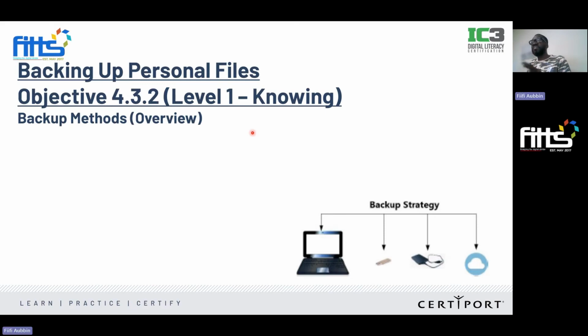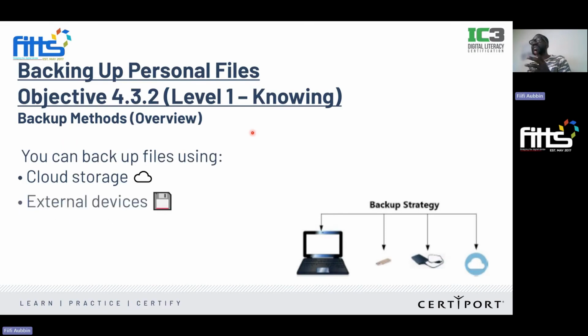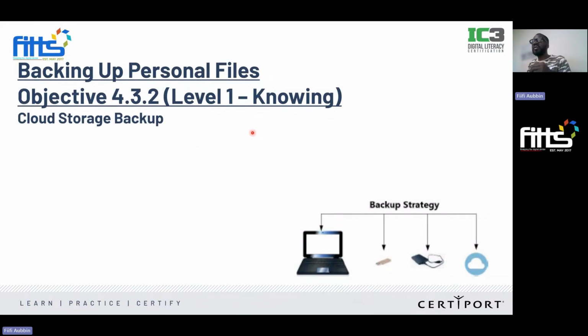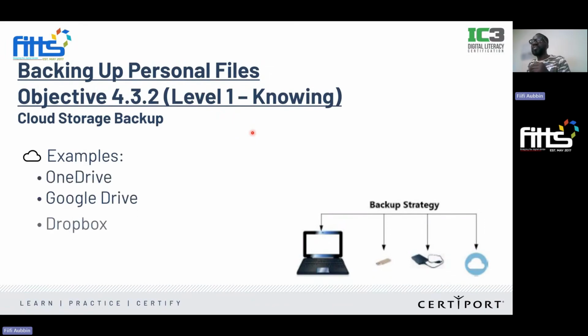Then we have the backup methods. You can back up files using cloud storage, which I mentioned earlier, or external devices. I don't think we're still using diskettes. So external hard drive. Then we have built-in system tools that back up automatically to the cloud. Then we also have the cloud storage backup. Examples include OneDrive, Google Drive, Dropbox.